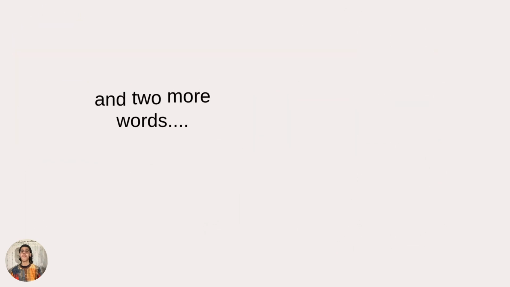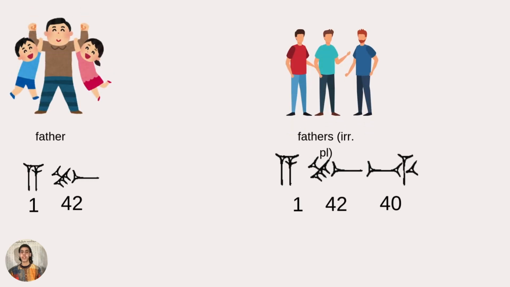And two more words. To finish this lesson, we're going to add two more words so we can make some sentences, okay? So one is going to be father and the other fathers. Fathers is irregular in plural.